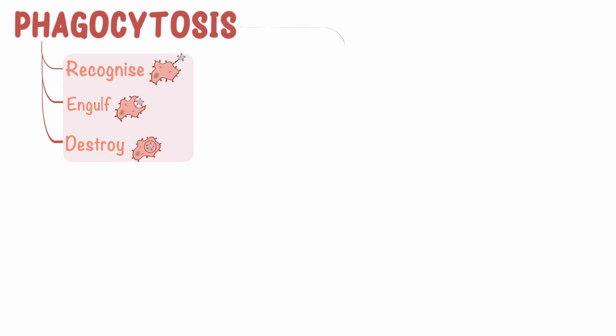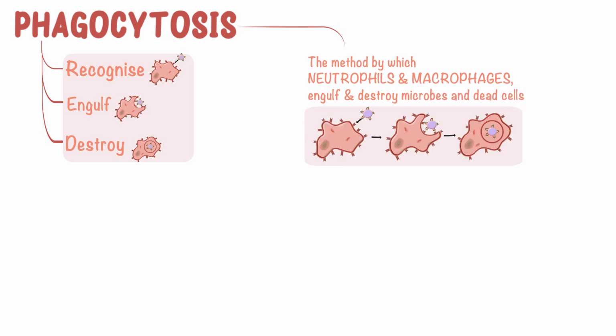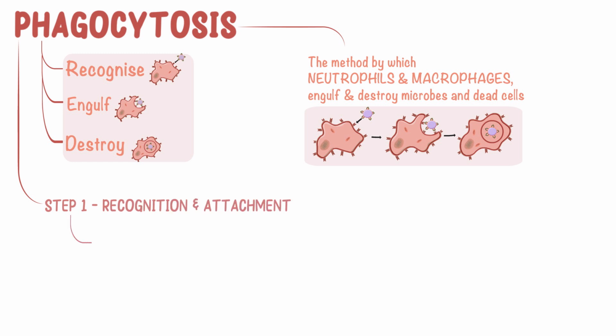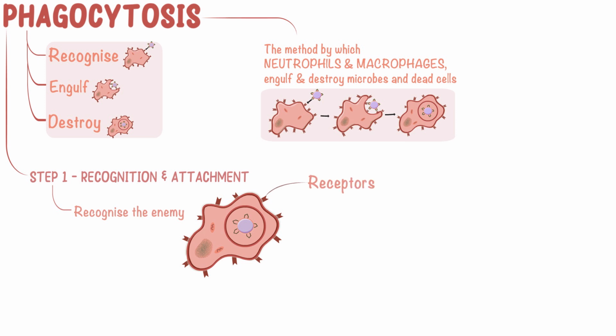Phagocytosis is the method by which neutrophils and macrophages, the body's primary phagocytes, engulf and destroy microbes and dead cells. Here's how it works. The first step is recognizing the enemy. Phagocytes have specialized receptors that help them identify and attach to harmful agents and cells.